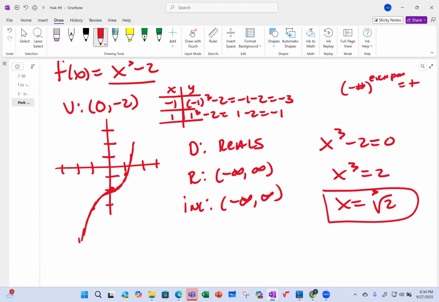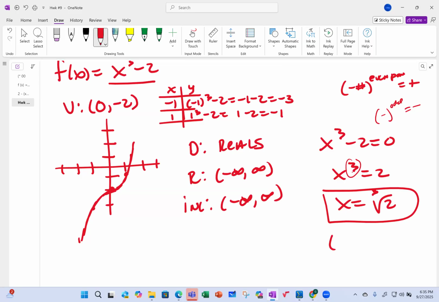An odd exponent, a negative to an odd power is a negative. So that's why it's not plus or minus with an odd power.